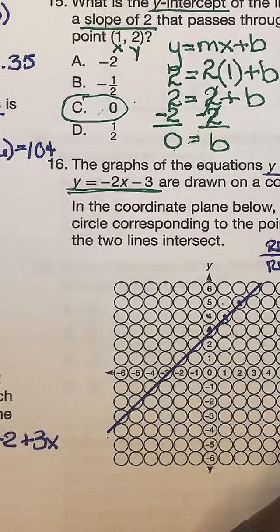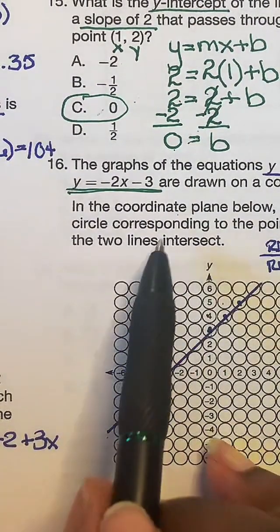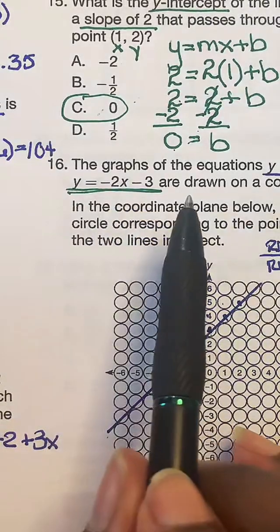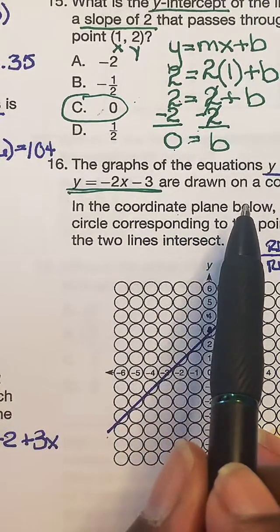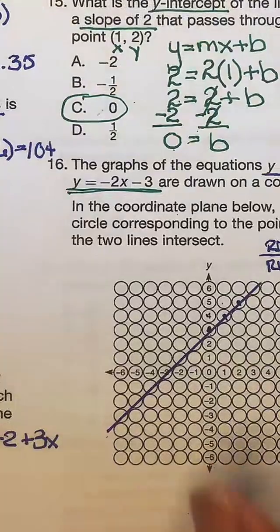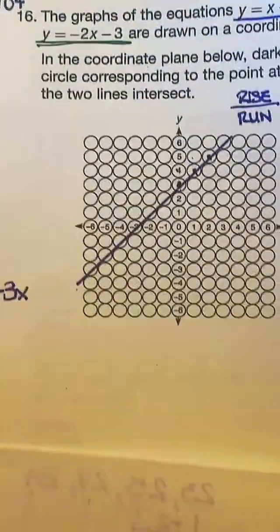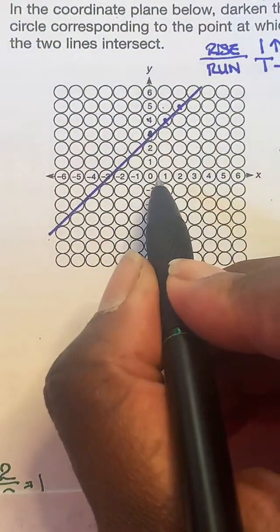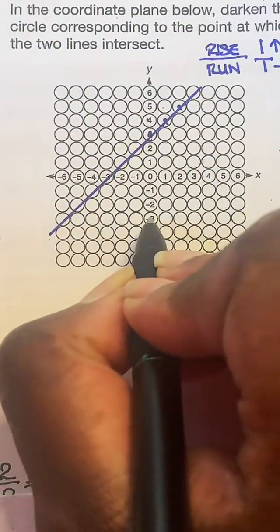Where would we start on the y-axis for this equation, y equals negative 2x minus 3? Okay, good, excellent. Good job, guys. We're starting right here at negative 3.